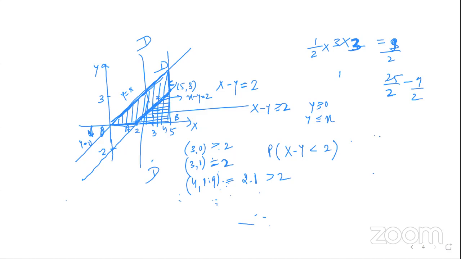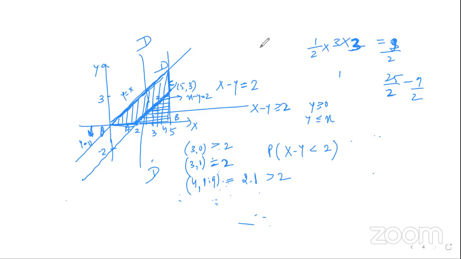With x equal to y, the intercepts are the same, 5 and 3 and 3, so it is 3 on each side of the triangle. The area is 9 by 2, and the bigger triangle is 25 by 2. I divide one over the other for probability. But that is the probability of the other side.